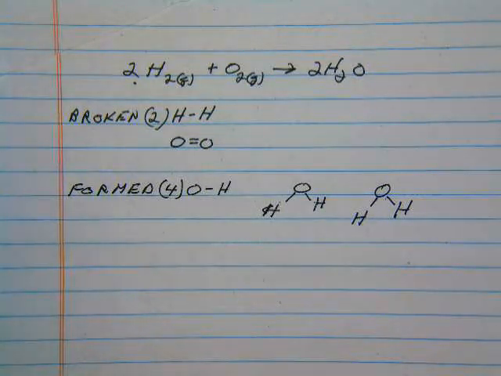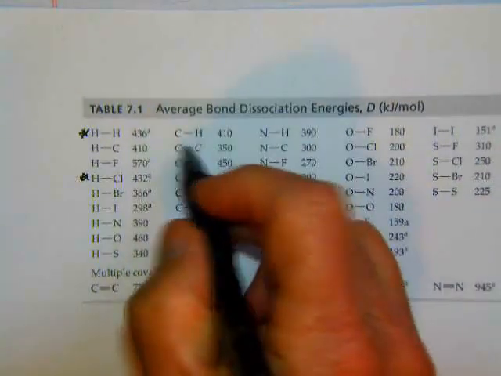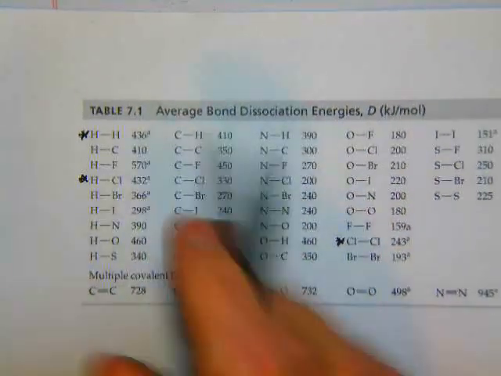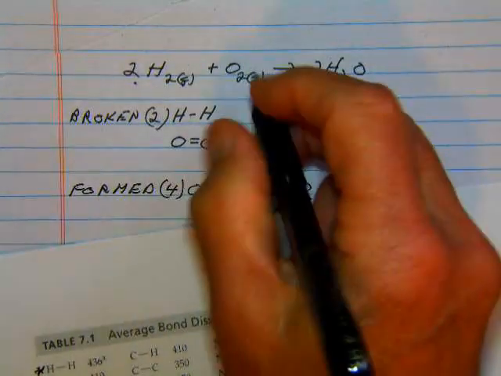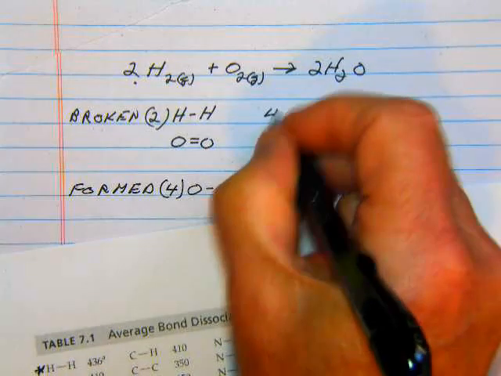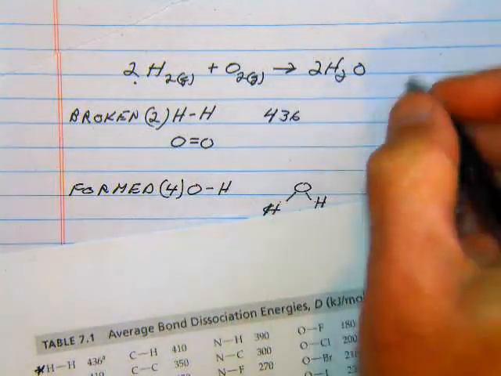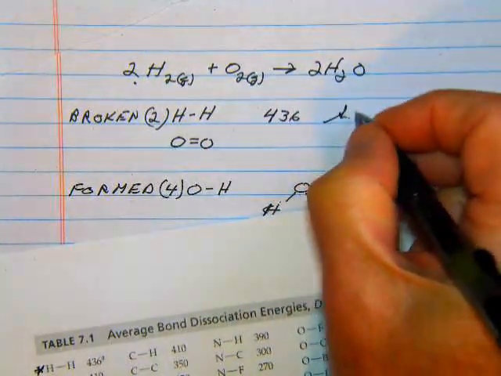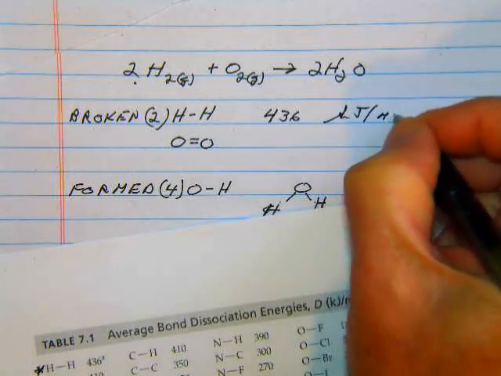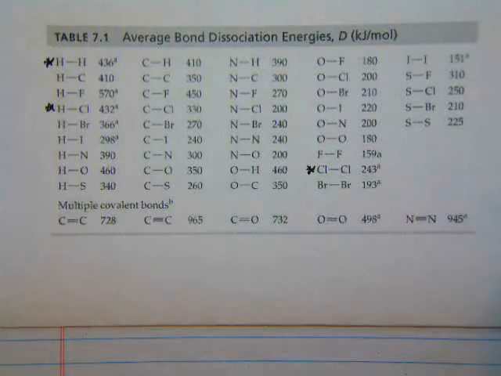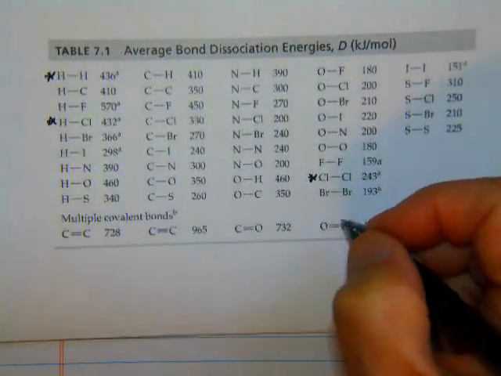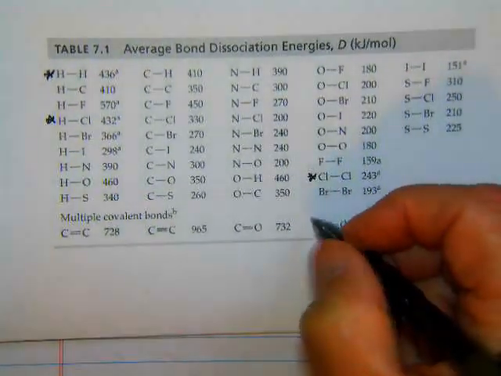So for hydrogen, we can look at this. H-H we know is 436, and again, these are all going to be kilojoules per mole. We have an oxygen double bond, and you can see down here the double bonded oxygen.